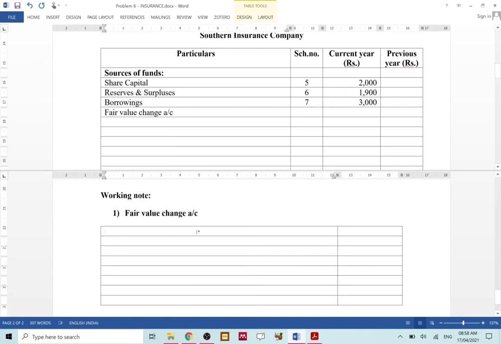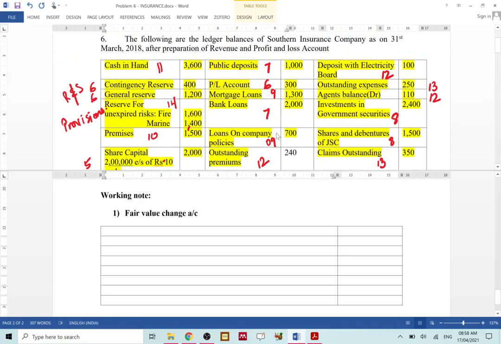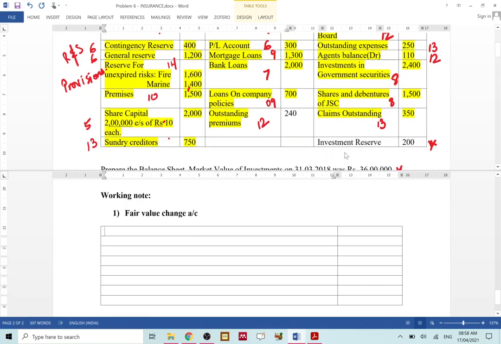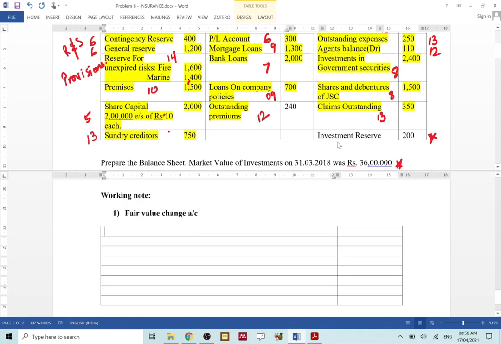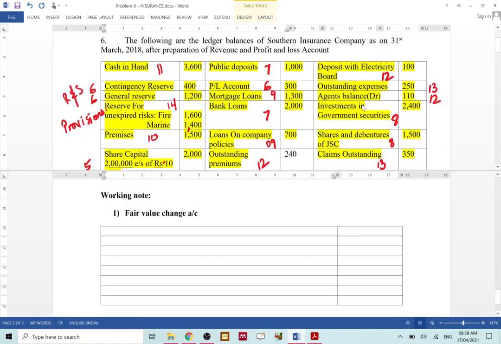Now, which are the different investments that are given in this problem? See, this is investment reserve. You have to look at what information is provided and why we are calculating this fair value change or changes in the fair value. You have investment reserve of 200 given to you, and of course there are different types of investments.